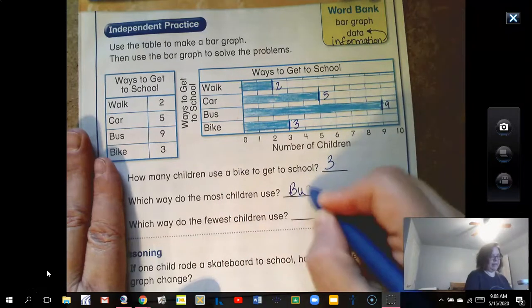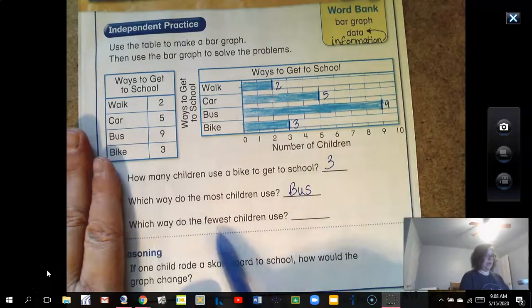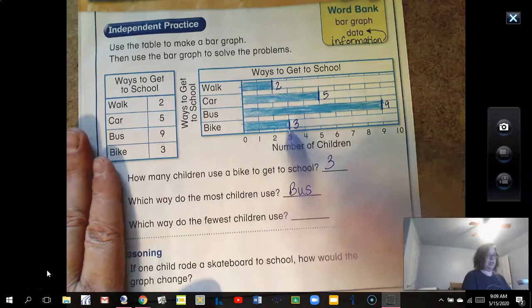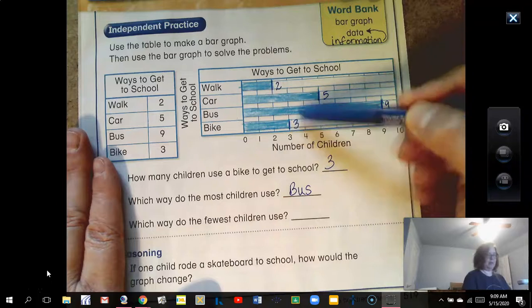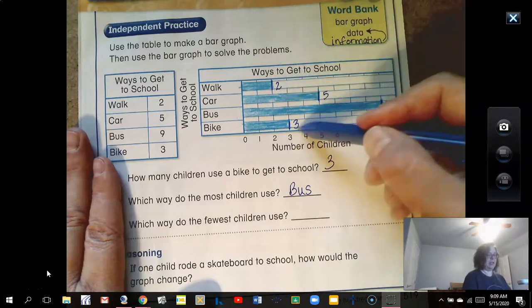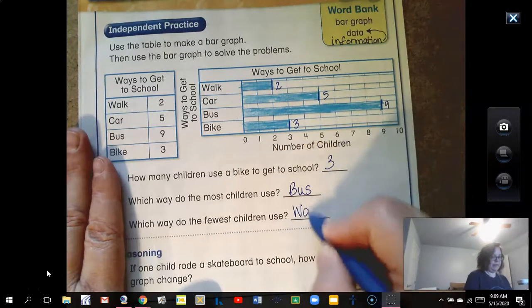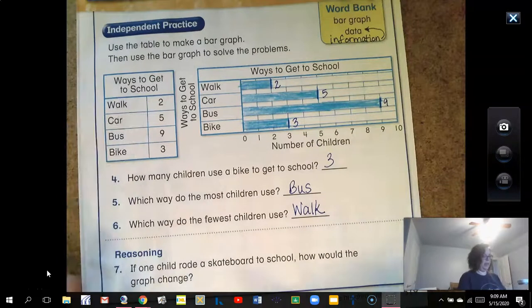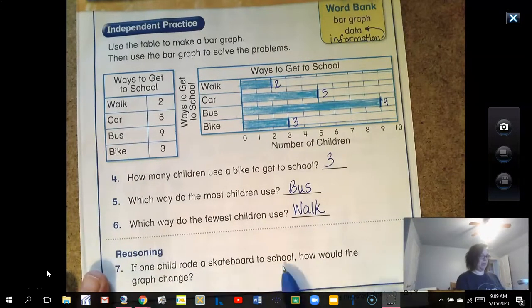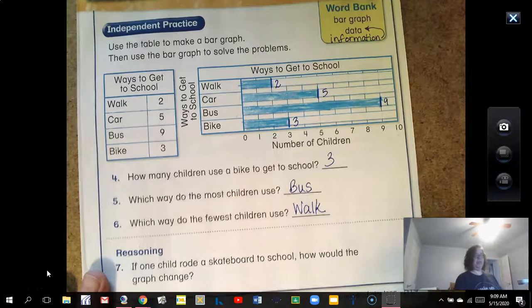Bus. Which way do the fewest children use? So the fewest, these two are pretty close, but then we put numbers here. 2 is less than 3. Walk.